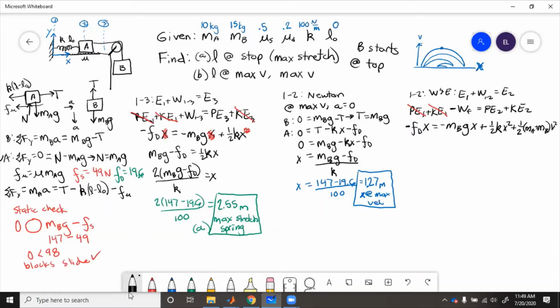So then we've got x times (mbg minus fd), that's times 2, minus k x squared, over (ma plus mb) equals v squared.